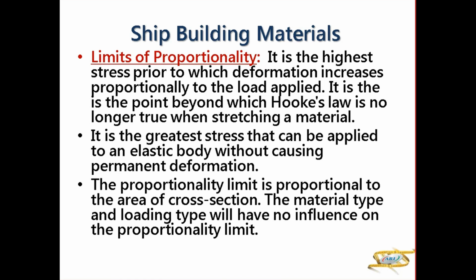It is the greatest stress that can be applied to an elastic body without causing permanent deformation. The proportionality limit is proportional to the area of cross section. The material type and the loading type will not have any influence on the limit of proportionality. It is only dependent on the thickness of the material or the area of cross section.